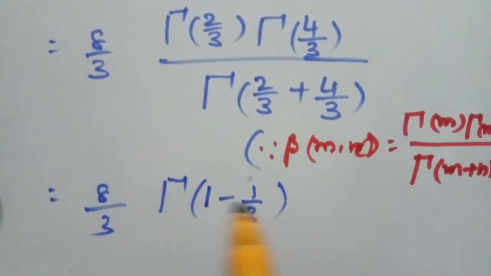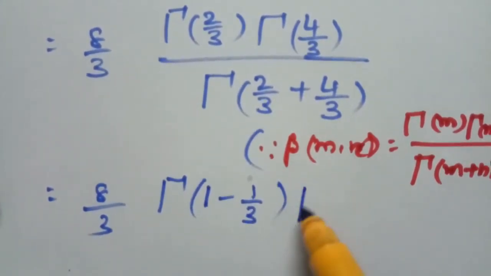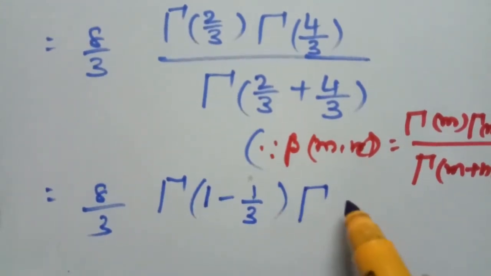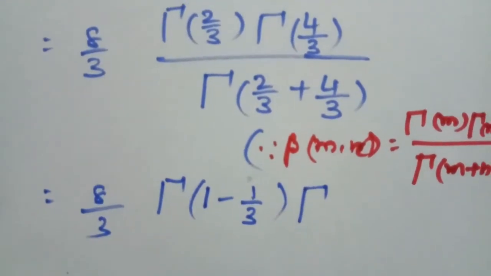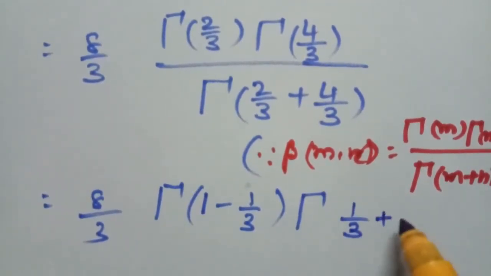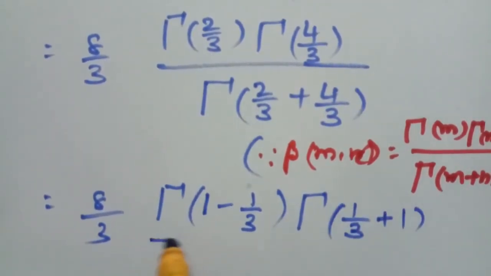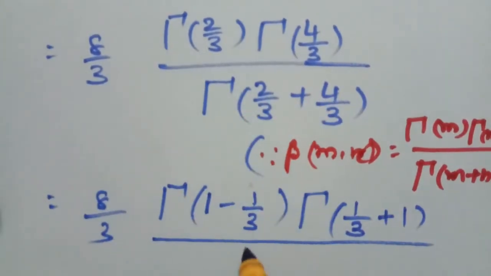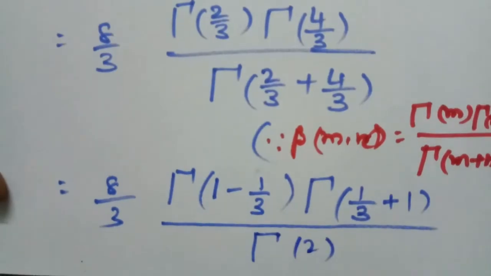Am I right? So therefore, gamma 4 by 3 can be written as gamma of 1 by 3 plus 1, by gamma 6 by 3, that is gamma 2.